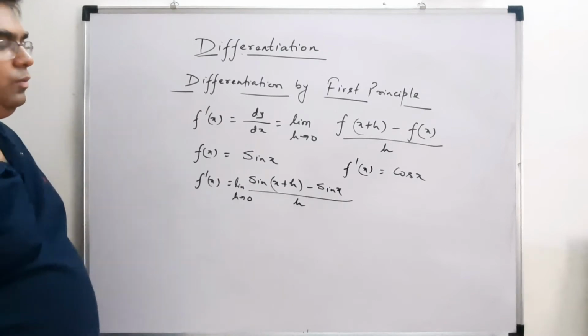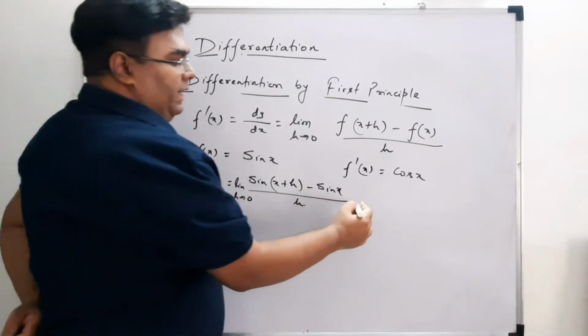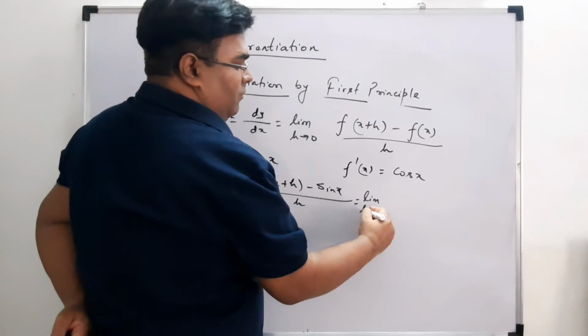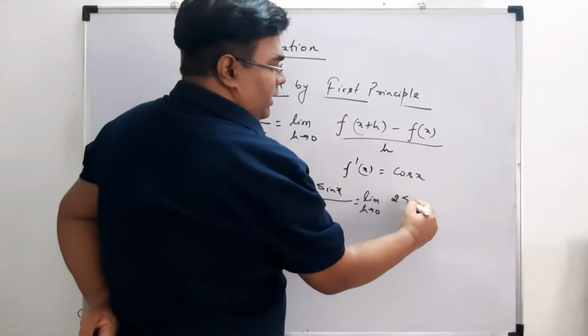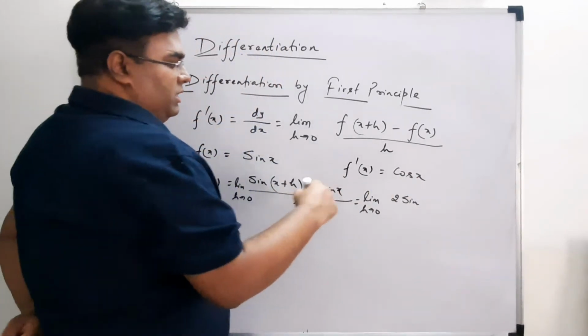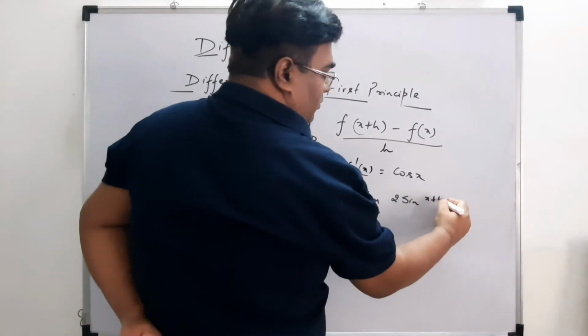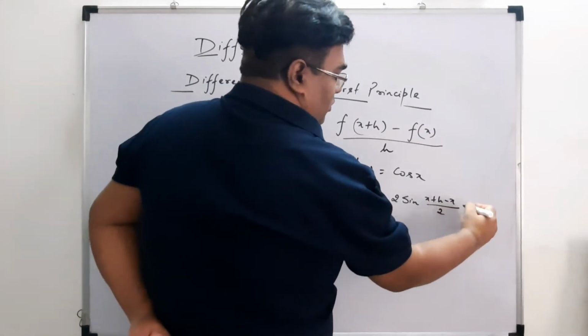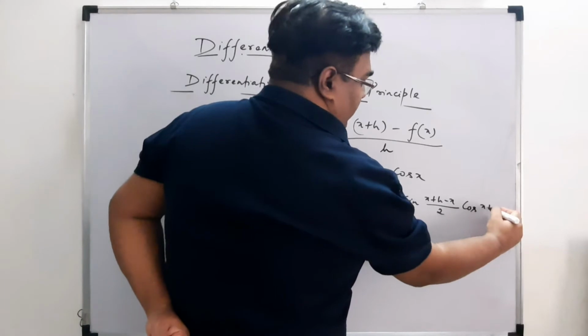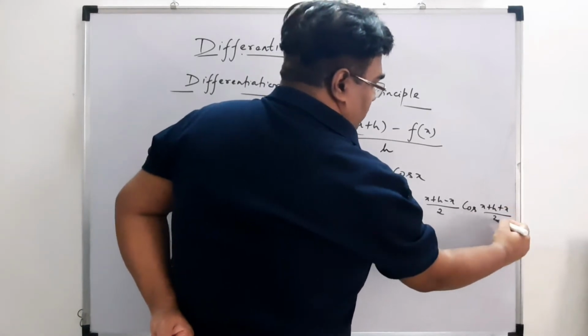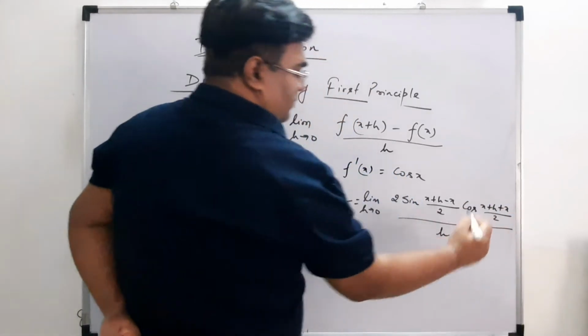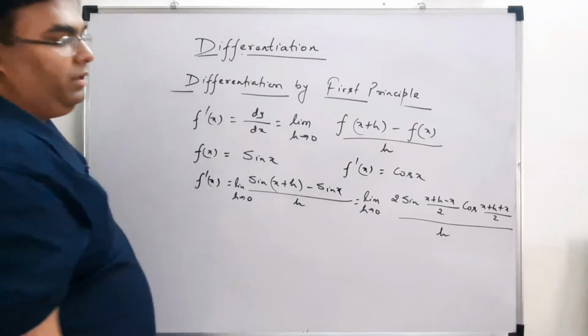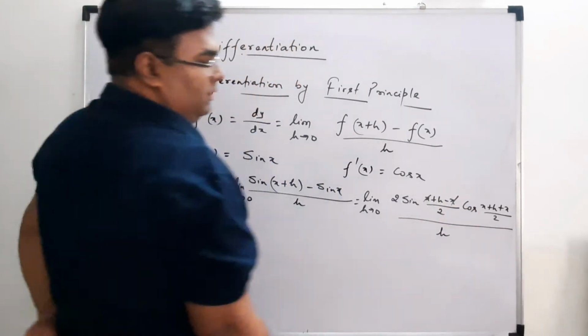Now we will use the formula sin c minus sin d, which is 2 sin((c minus d) by 2) cos((c plus d) by 2). Here the x and x will be cancelled.